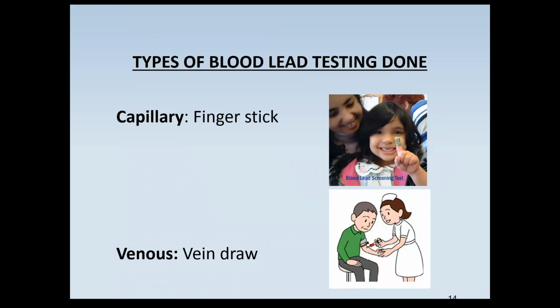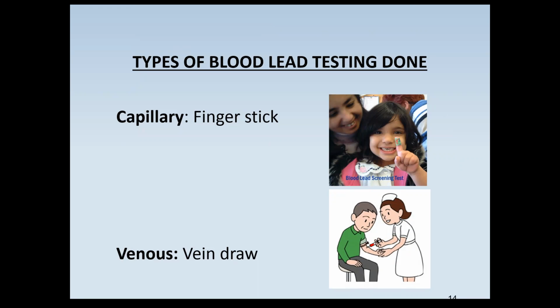And here are the two types of blood testing that can be done in a child, and these are the tests that can be valid for the evidence of a blood test. It can be capillary if it's a finger stick, or venous if it's a vein draw.